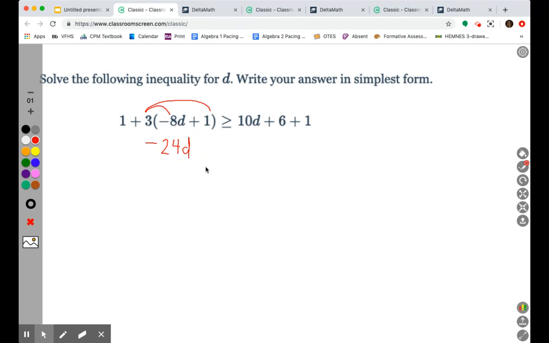And then 3 times 1 to just give me positive 3. And then I'm going to bring down every single other thing that I didn't touch. So the 1, the greater than or equal to 10d plus 6 plus 1. So step 1 so far, distribute.